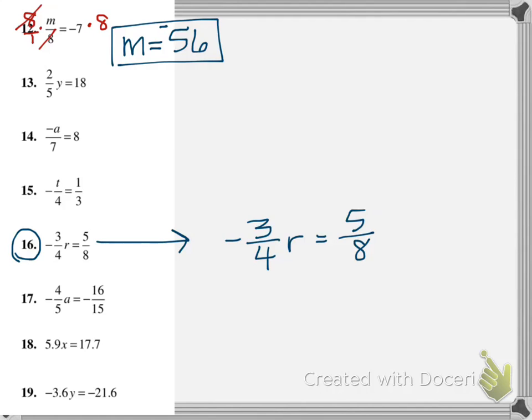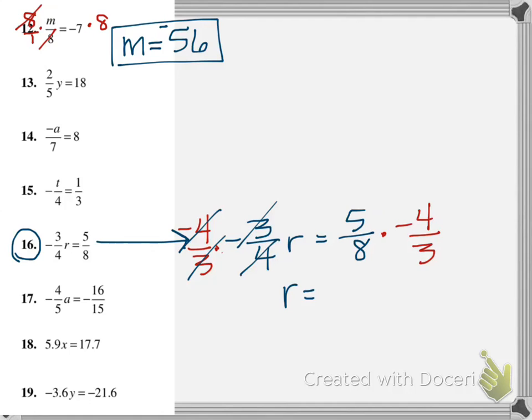And the number we want to get rid of is always the number that's on the same side as the variable. So I'm going to multiply by the multiplicative inverse of negative 3/4, which would be negative 4/3. So I'm going to have to multiply both sides by negative 4/3. And that's going to give me, well, my 4's and my 3's, and everything cancels, which is what you want to happen. You have a negative times a negative, so that's a positive. So all I have left is r.